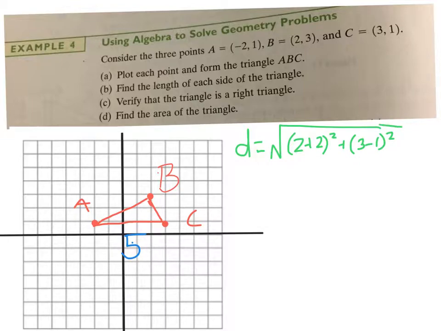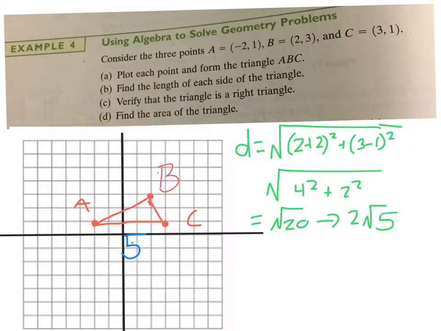All right, so I let B be my x2 and y2. I let A be my x1, y1. All right, then we simplify that throughout. That gives me 4 squared plus 2 squared, which is equal to the square root of 20, which reduces to be 2 radical 5. Okay, so my length AB is 2 radical 5. Any questions there?